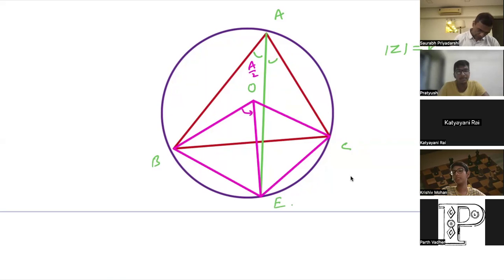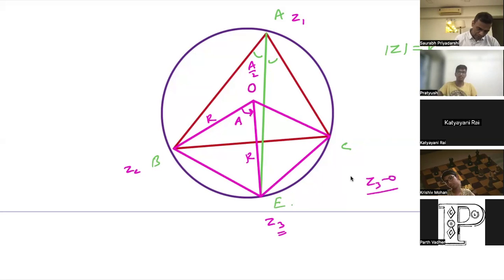A, right? If this is Z1, this is Z2, this is Z3. By rotation, we know that Z3 with respect to origin, this is radius R, this is radius R. So Z3 minus 0 by Z2 minus 0 is equal to, both the mods being equal, e to the power IA. Means Z3 by Z2 is equal to e to the power IA. That's it.